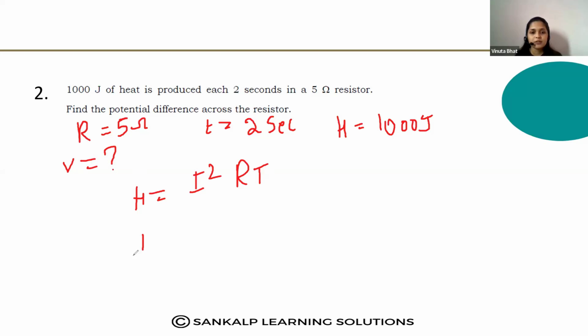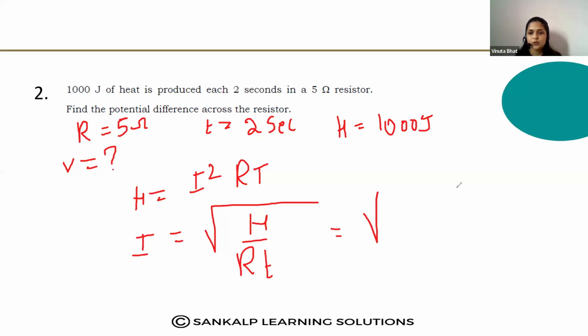So I will change this equation: I is equal to square root of H by RT. Let us assume the values. I is equal to square root of H, which is 1000 joule, divided by R is equal to 5 and T is equal to 2 seconds.